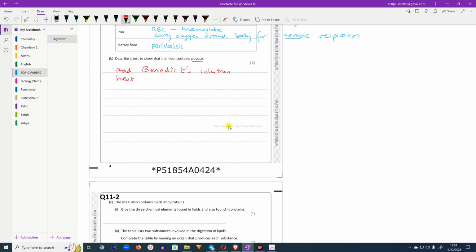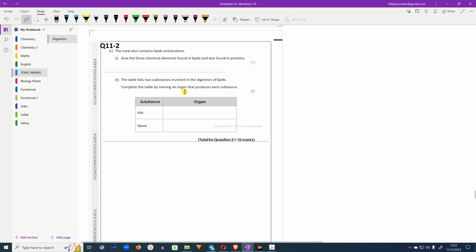You heat in a water bath, and depending on the amount of glucose it contains, the solution goes from blue to brick red, and that's what happens. Right, okay, let's keep moving on.